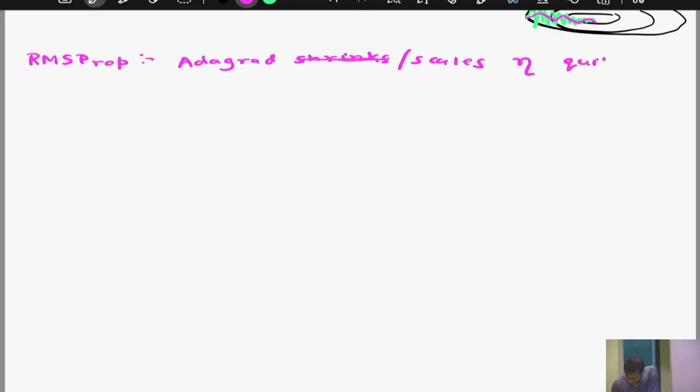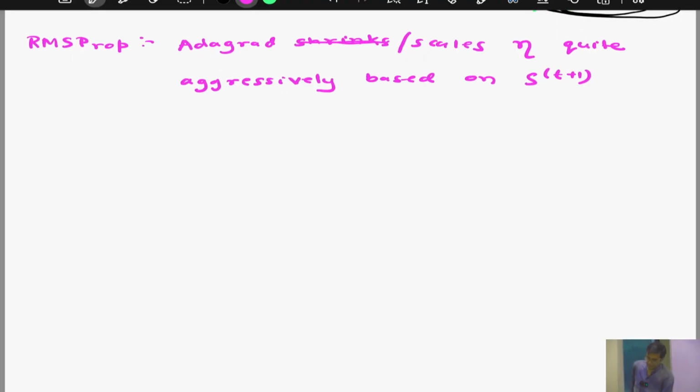Quite aggressively based on S(t+1). RMSprop addresses this issue.